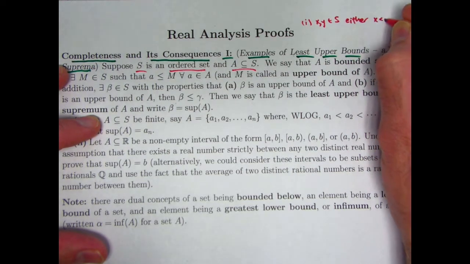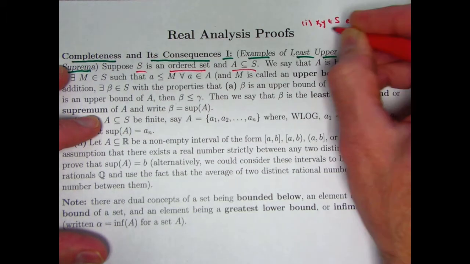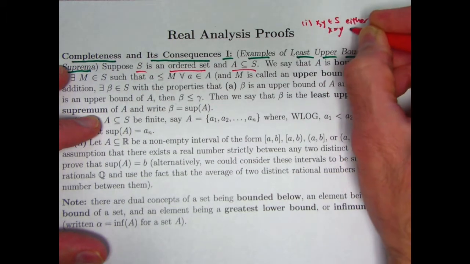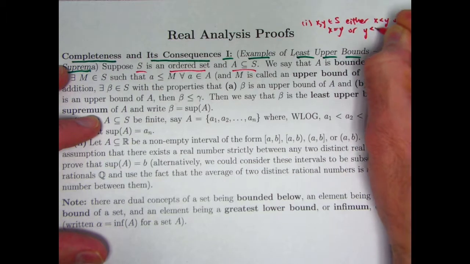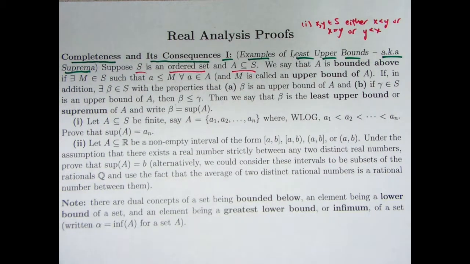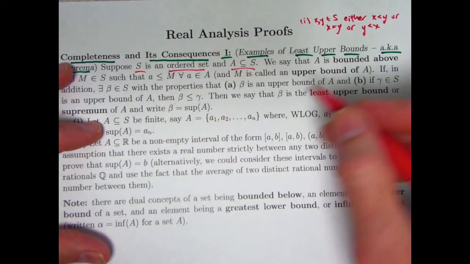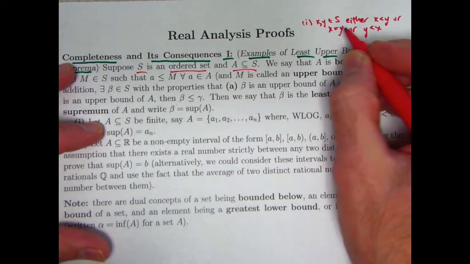Either X is less than Y, or X equals Y, or Y is less than X. They are comparable with respect to this ordering. This is called a total order. It's not a partial order. Partial orders are situations where, given two elements, they're not necessarily comparable with respect to the ordering. But with total orders, which is what ordered sets are, we are going to assume this is true.